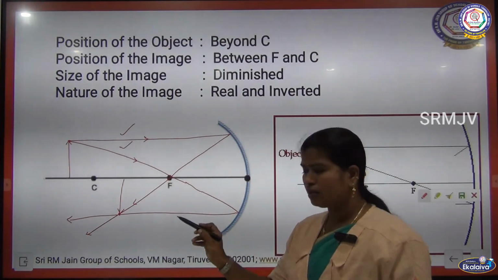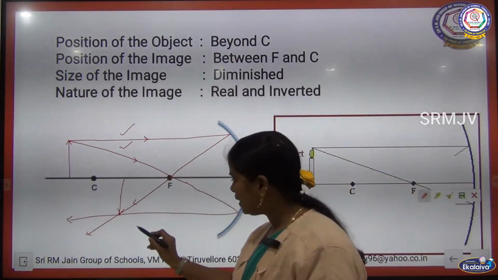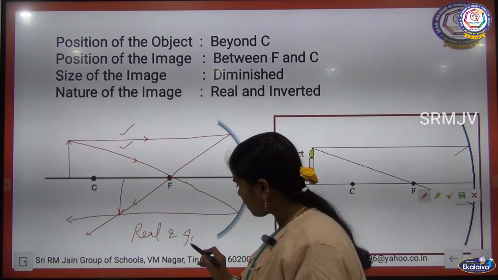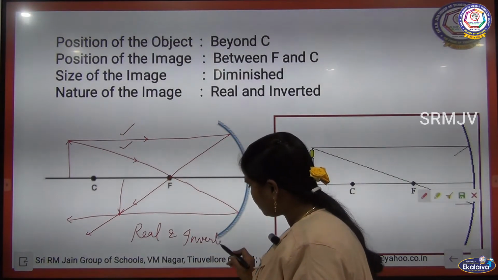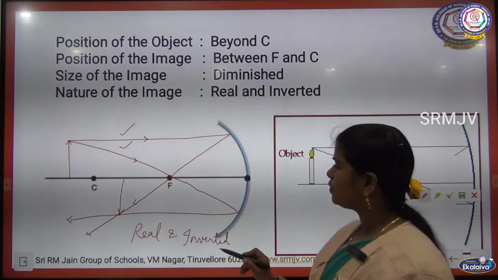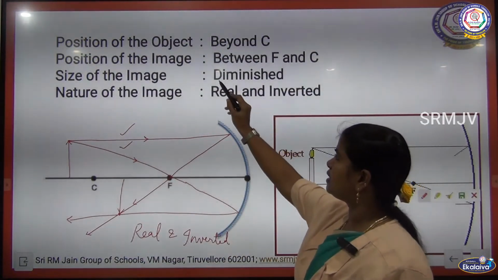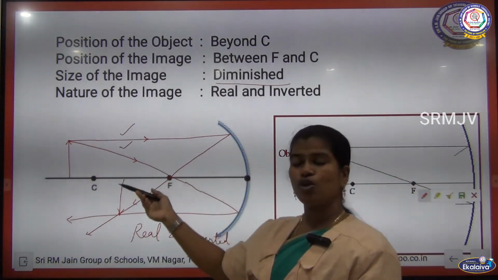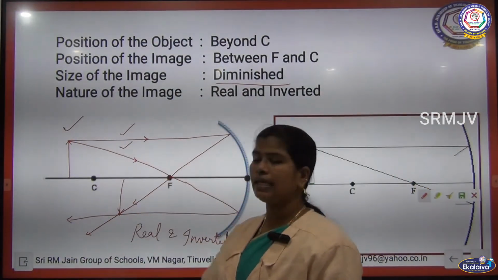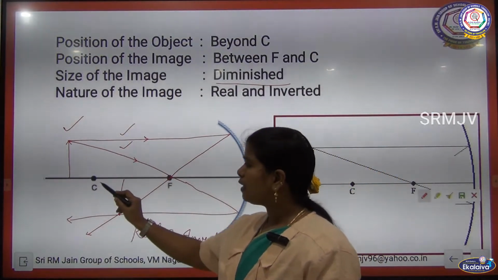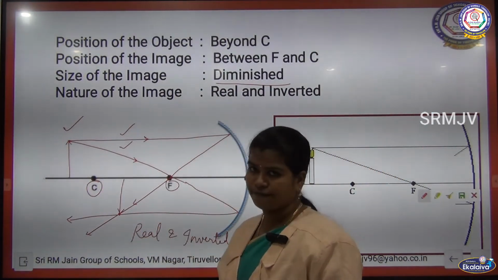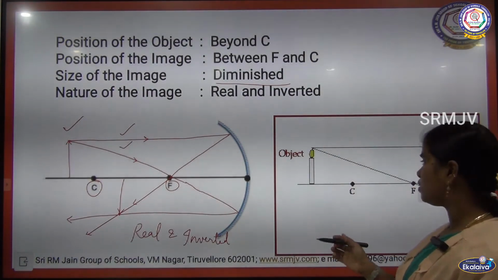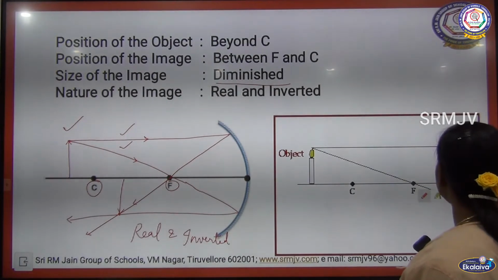The image is real and inverted, and the size of the image is diminished. The position of the object is beyond C and the position of the image is between C and F. So this is the second position of the object, and now we will move on to the third one.